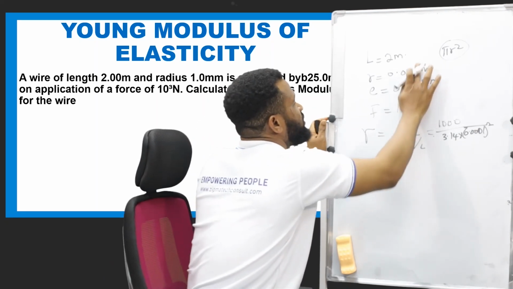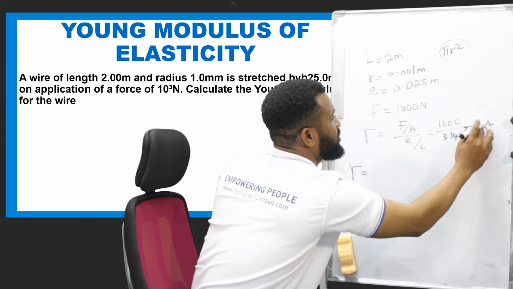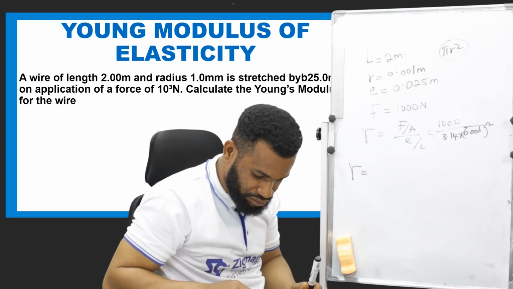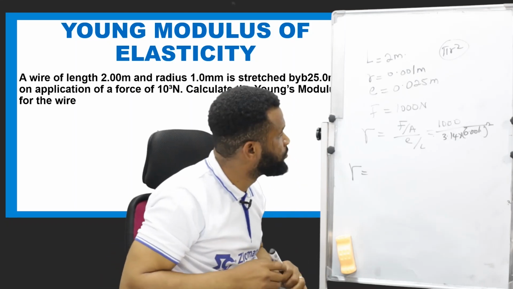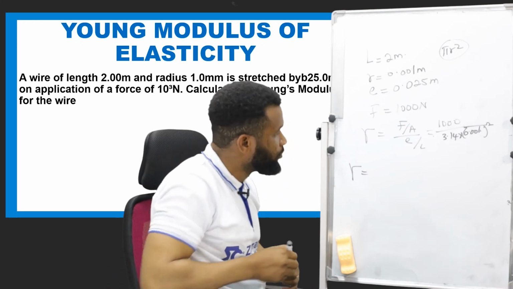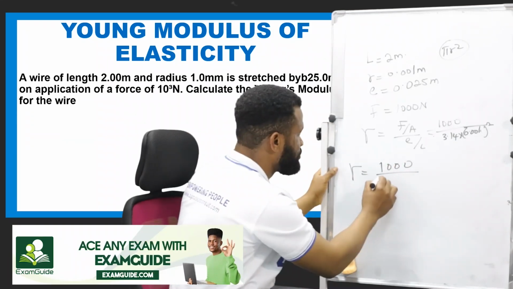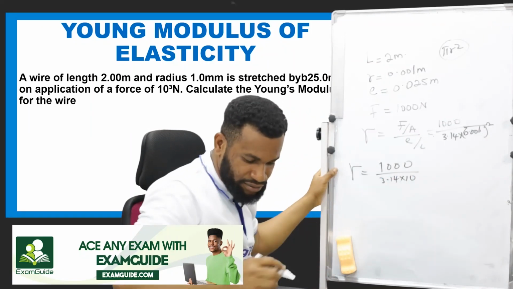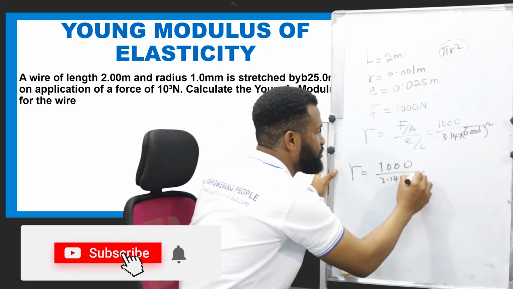So having 1,000 divided by 3.142 times 10 raised to the power minus 5.